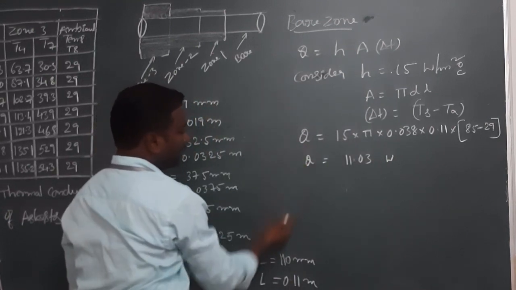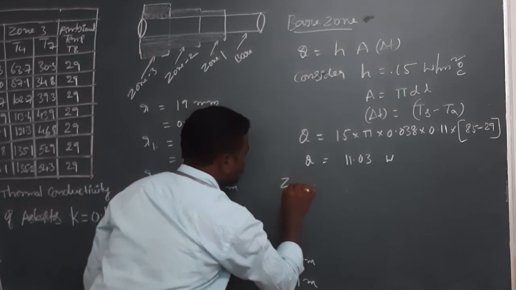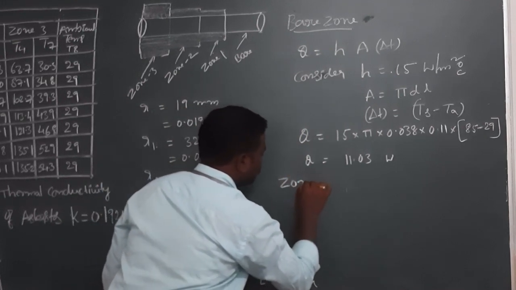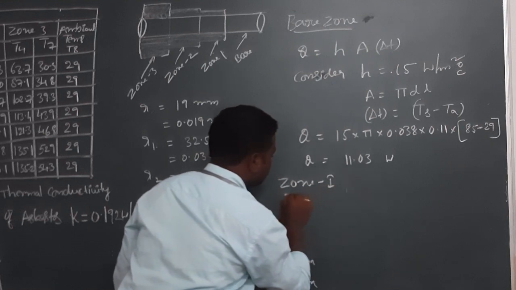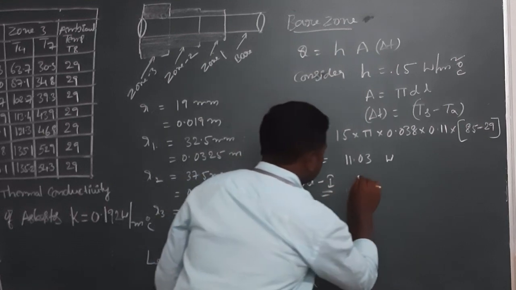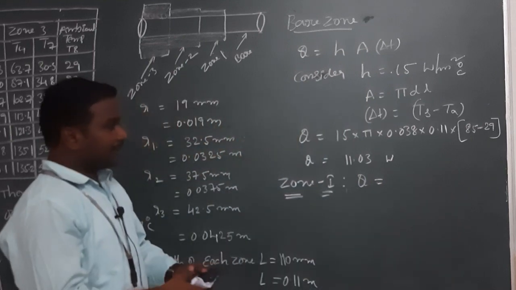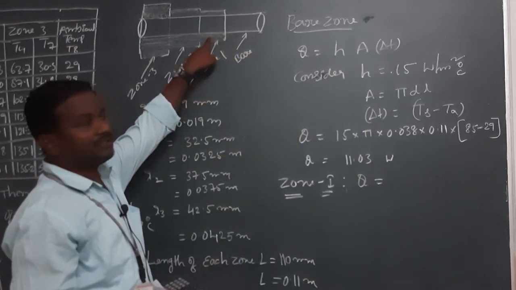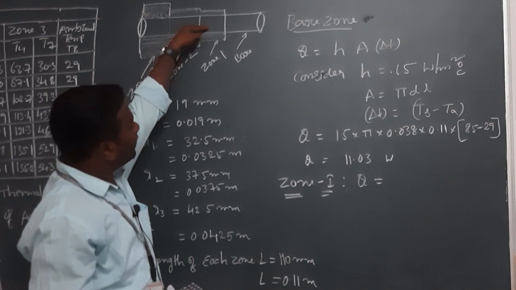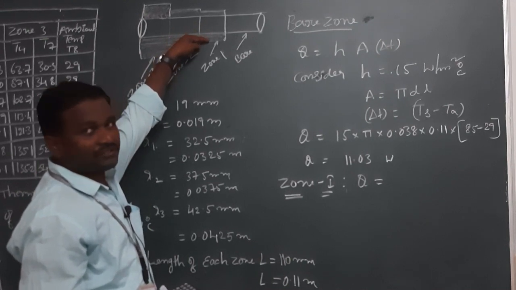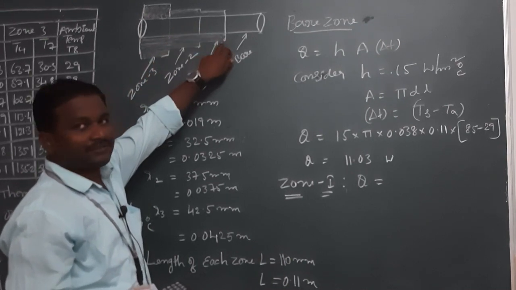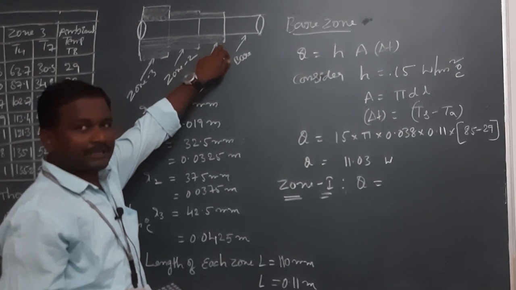So, similarly, calculate the rate of heat flow through zone 1. Q equal to, consider here we provided the insulation. So, heat transfer through the insulation, here the mode of heat transfer is conduction.